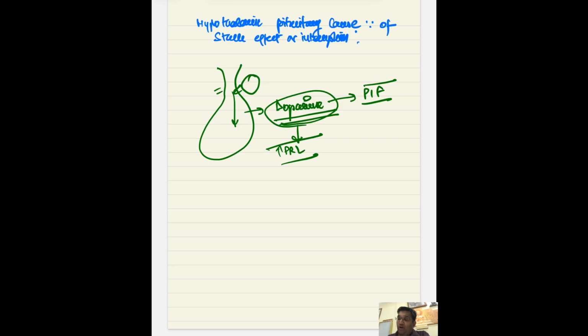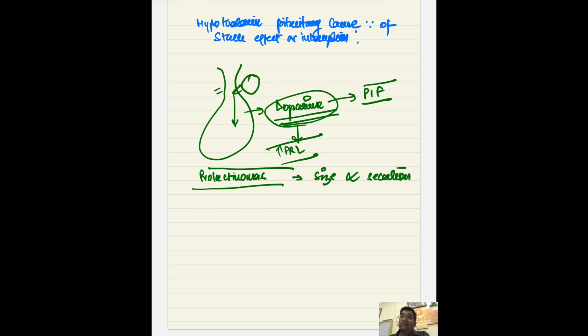The important part is that in prolactinomas, the size is directly proportional to the secretion.